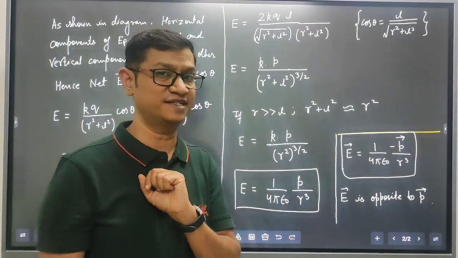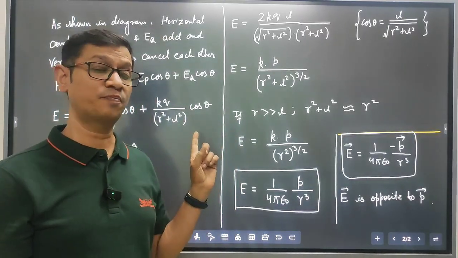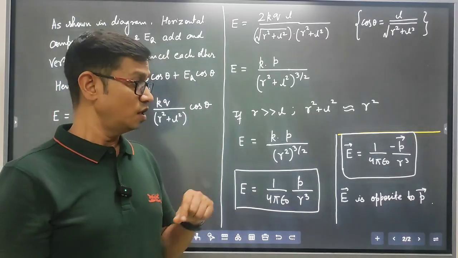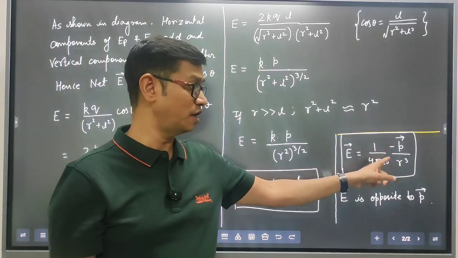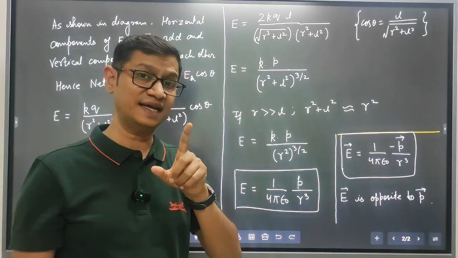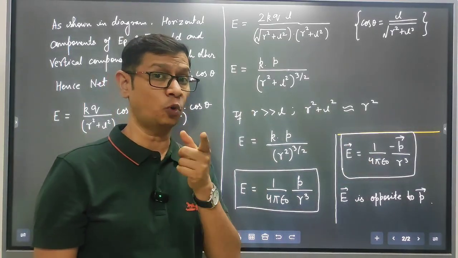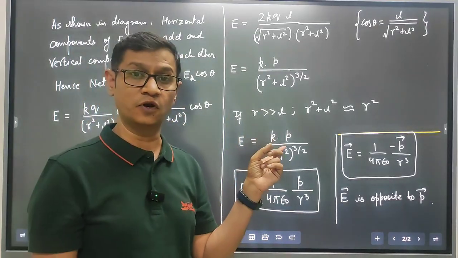So there are two differences. If you compare this case with case 1, where the point was on the axis of the dipole, there first of all the formula had a 2P upon R cube. So we can say on the axis of the dipole the electric field is twice as that of the equatorial plane.